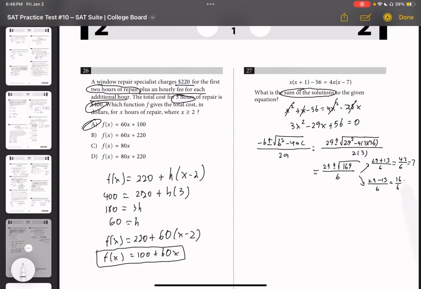So values of 7 and 8 over 3. So when we add these together, we get 29 over 3.